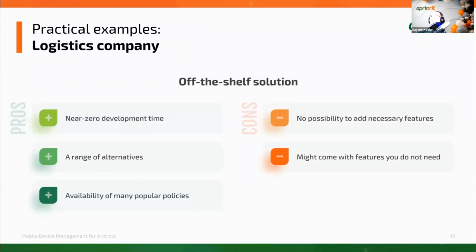But there are also some cons. First of all, once you pick a solution, you'll be basically stuck with it, and you will have to use whatever features they provide without the possibility to change anything. This is not ideal, especially when the new requirements pop up, and they do so usually very suddenly and unexpectedly.